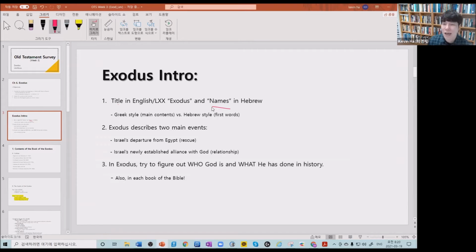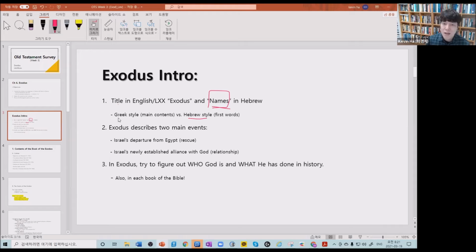The title of Exodus in Hebrew is Names, Shemot. Why is that? That is a Hebrew style of having a title. In Hebrew literature, they put the first word as the title of the book.